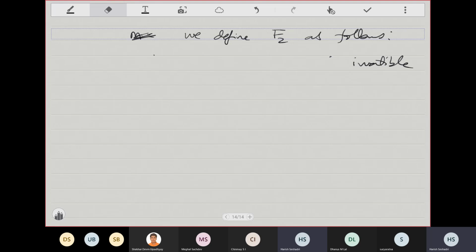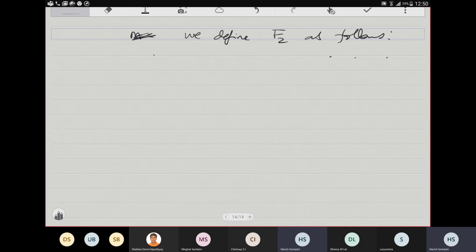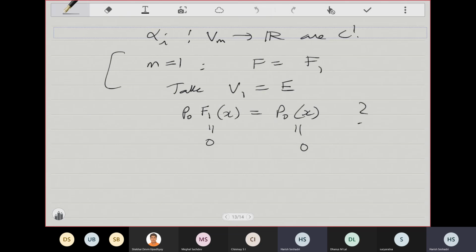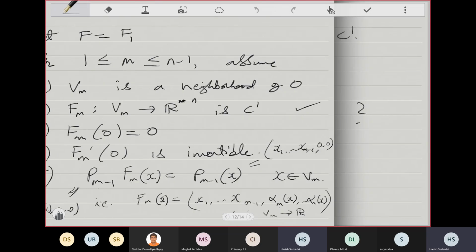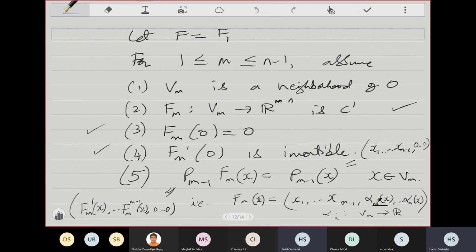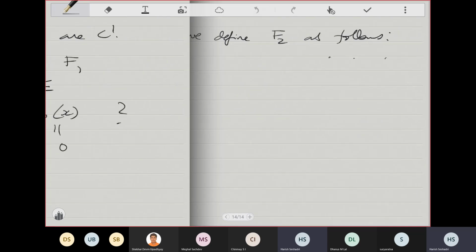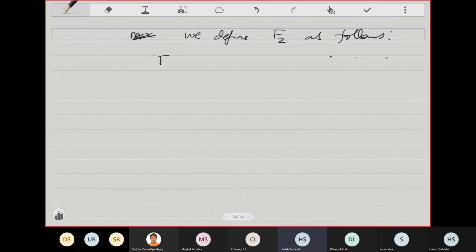Let me just notice that since at the second step, the first step is kind of too trivial, we have not really done anything. So every term here will be alphas. There's no x1 up to x_{n-1}. So f1(x) equals f(x).